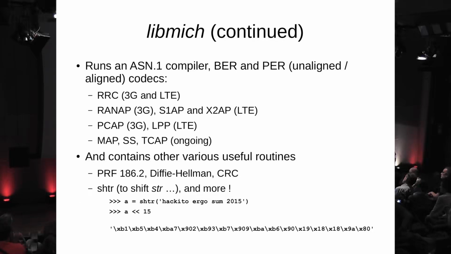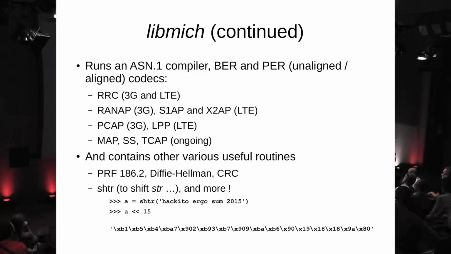The second one supports aligned and unaligned encoding. PER is bit by bit, and the unaligned variant says that everything is packed bit by bit. The aligned one says that sometimes you put some bits of padding, but sometimes not. And you have lots of protocols, like RRC, the protocols run by all your mobiles to connect to a base station in 3G and 4G.